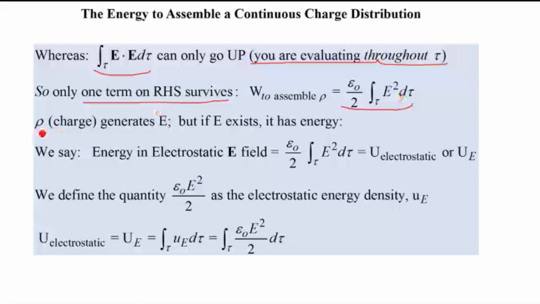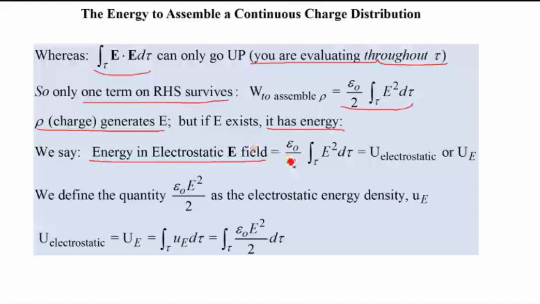Here's the thing, rho generates E, but if E exists, it has energy. This is the work we did to assemble that charge, and then the resulting E field, if we integrate it, multiply by the front end here, and square E, then we'll get the same thing. We say then that the E field that is generated has energy.